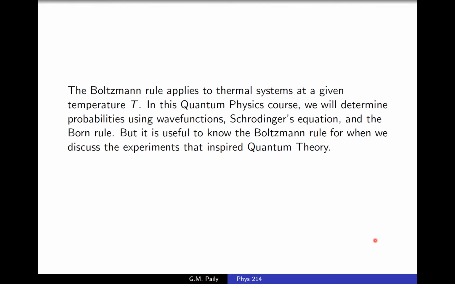But it's useful to know the Boltzmann rule for when we discuss the experiments that historically led to the rise of quantum theory. They had to explain the results of those experiments. And to understand what's going on there, we need to use the Boltzmann rule. And plus probability shows up anyhow a lot in quantum theory, so it was good to mention this.